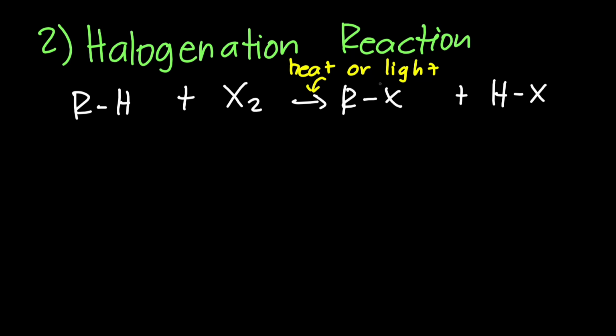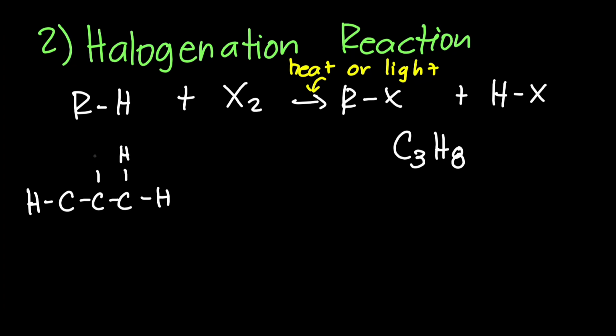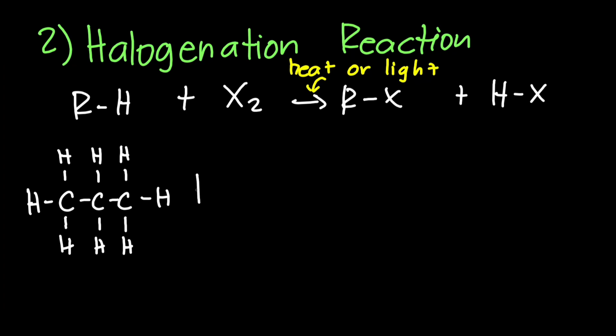Let's try another example. The halogenation of a propane, which is C3H8. So by putting that into its structural form first, we have 3 carbon and 8 hydrogen. And this time, let's put our halogen here as the chlorine atom in the presence of heat or light.